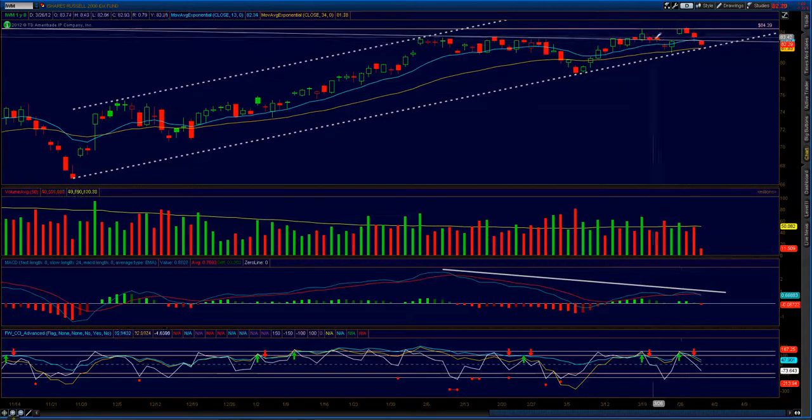So, like I've shown you before, the small caps are in a wider uptrend channel, but still an uptrend channel. And the uptrend channel is wider because the small caps tend to fluctuate a little bit more, since they're easier to manipulate in the ranges.